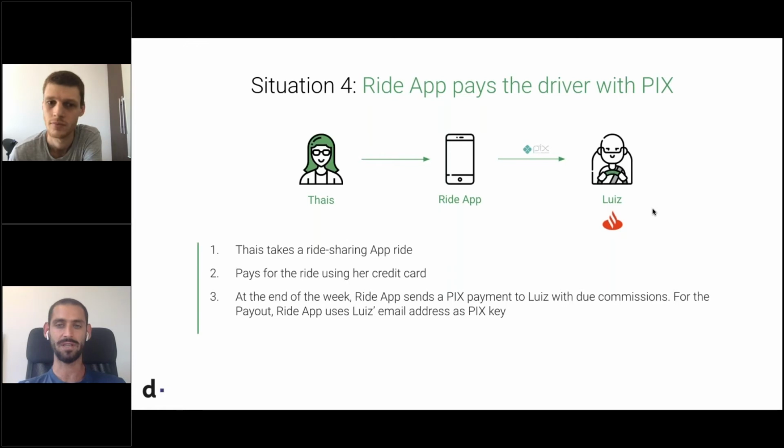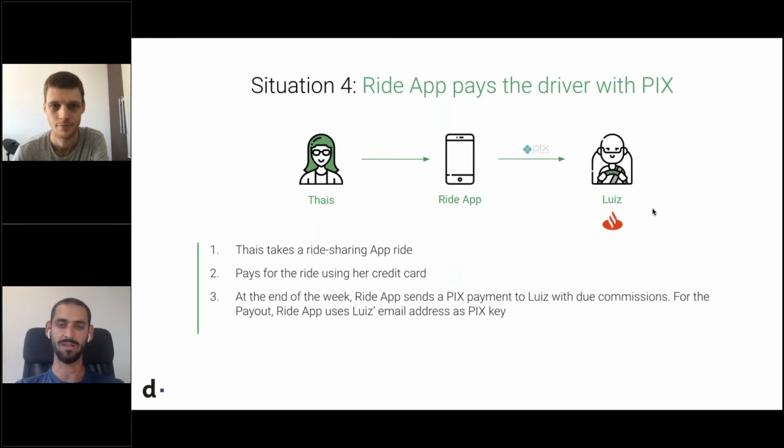Luis can share his PIX account, for example, one of his keys that he has registered on his bank account, in this case Santander Bank, and will input that on the ride app, and the company will send a PIX payment directly to the bank, to Luis, and this will be an instant payment to any of the keys that Luis did register, and he will get the funds, of course, immediately.